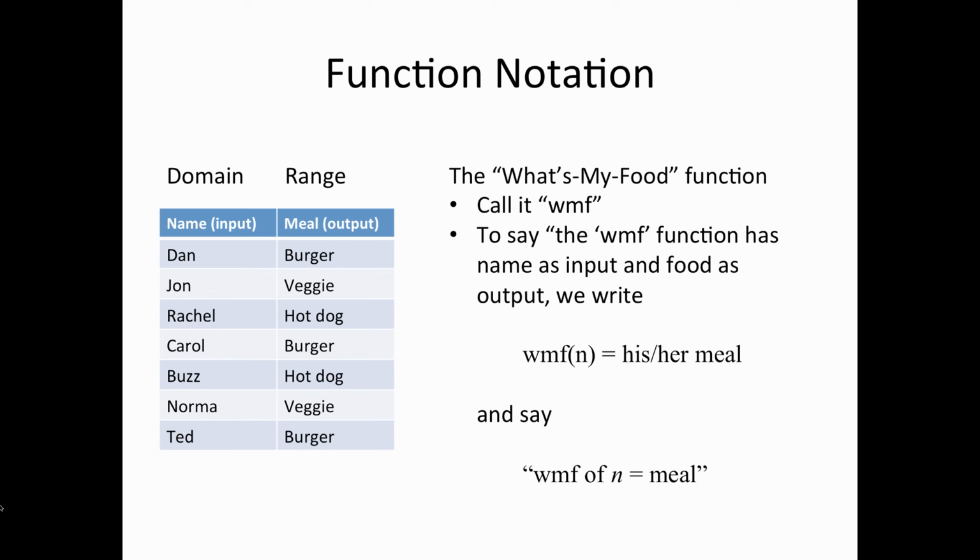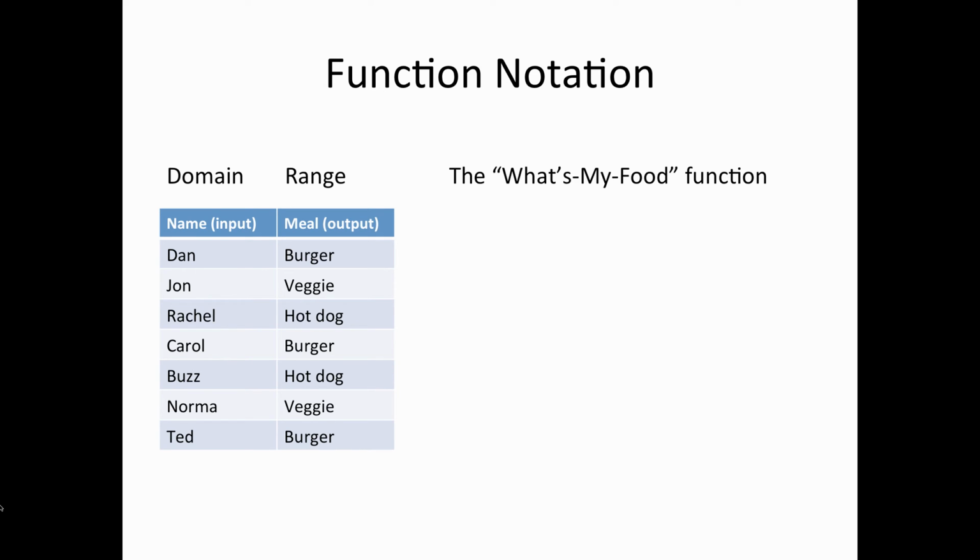Again, we pronounce this WMF of n equals the meal. Now, here's how we might write certain concepts. So WMF of Dan equals burger, because if the input is Dan, the output, according to this table, is burger.